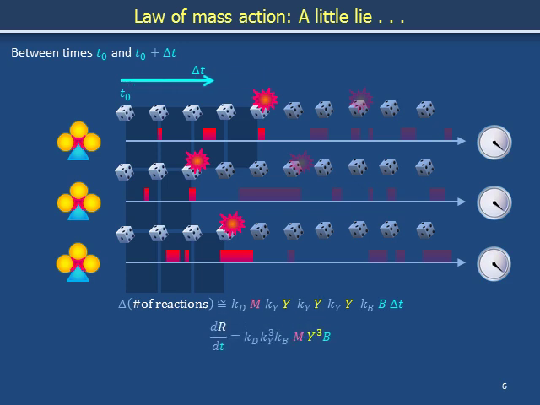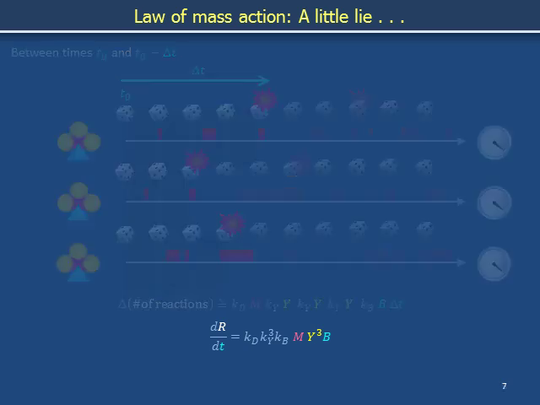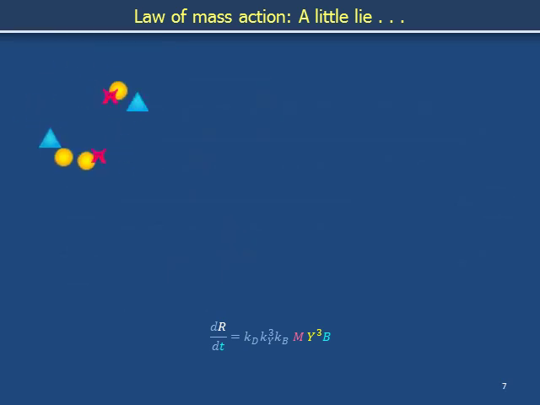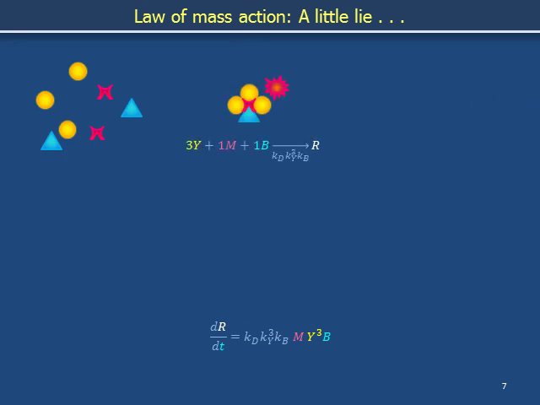Capital R counts the number of reactions that have proceeded since some reference time. The rate of reactions over time is proportional to the concentration of M times the cube of the concentration of Y times the concentration of B. We asked how often a mixture of hot pants, triangles, and circles could form peacock-shaped complexes and subsequently produce a chemical reaction.